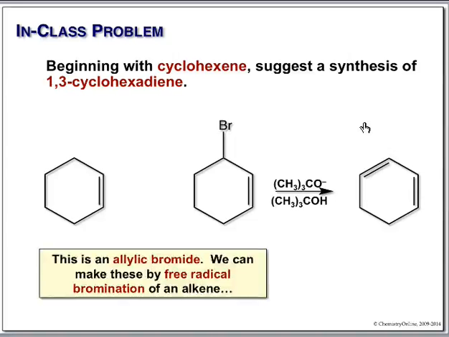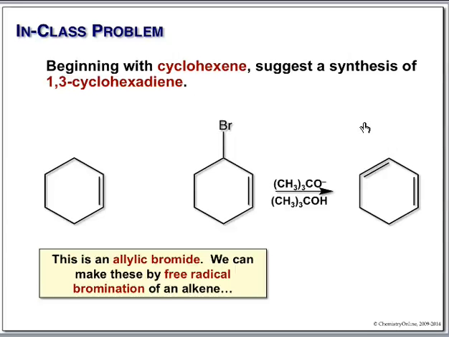And we learned a very, very simple way to make allylic bromides in chapter 10. That was, we could do free radical bromination. And because the radical adjacent, that is at the allylic positions, is so stable, we only get bromination at this one point. So how do we do allylic bromination?